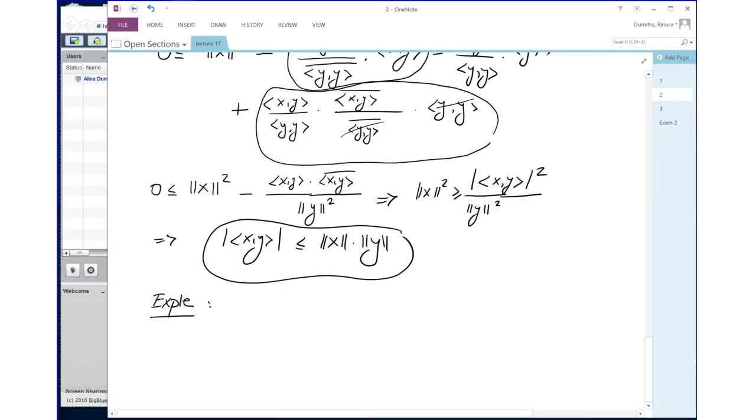Like for instance, if you're working inside F^n with the standard inner product, and X is an n-tuple, and Y is another n-tuple. How does Cauchy-Schwarz translate?